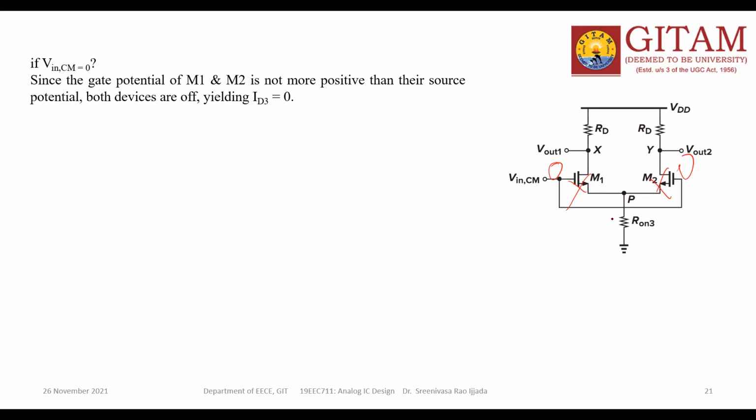Yes. Since the gate potential of M1 and M2 is not more positive than their source potential, both the devices are off. No current is in this, no current is in this. Only the third device, M3, could have a current. I3 is 0.